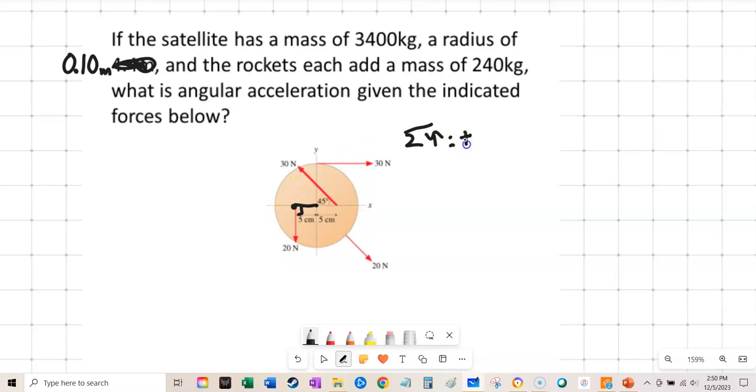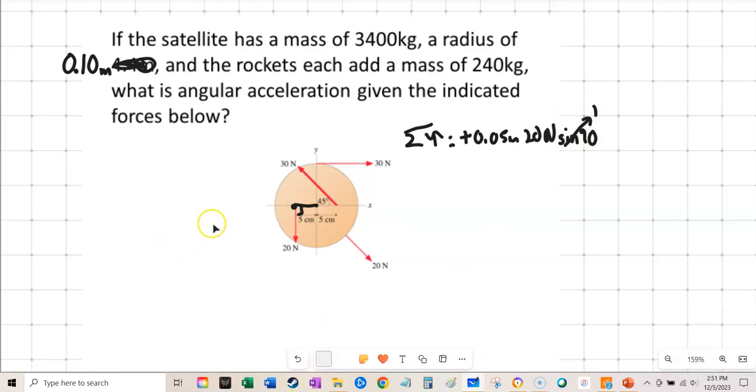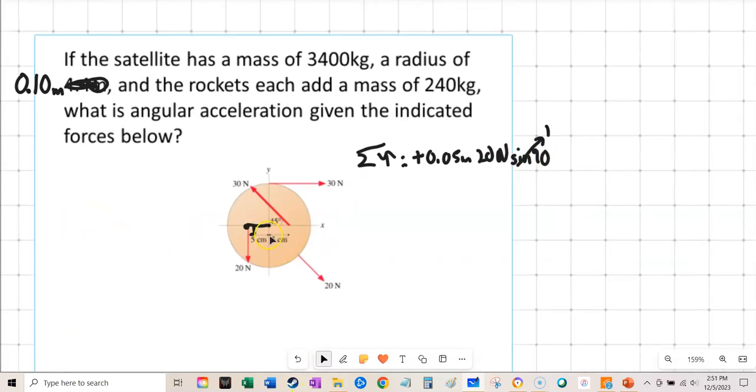So that'll be a positive torque. It's 5 centimeters away, so 0.05 meters, and it's a force of 20 newtons, working at sine of 90 degrees, which is just 1. So we just did this rocket right here.